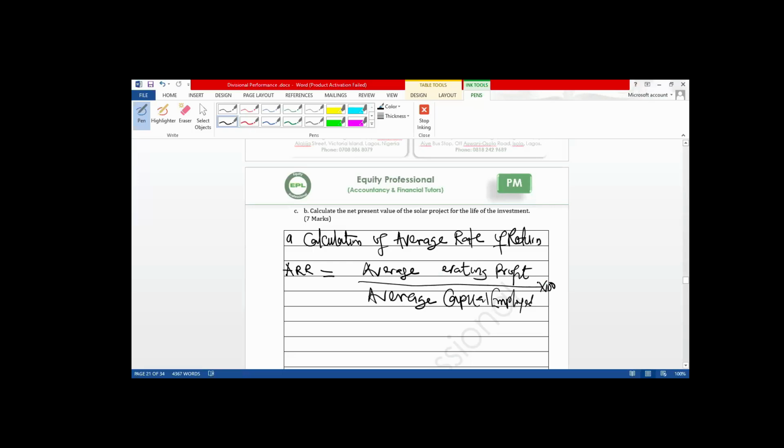We are using average because you are given 2 years financial information.